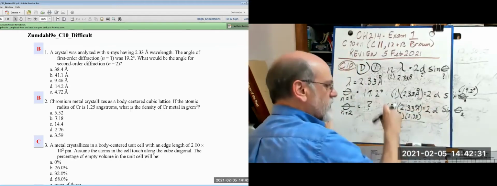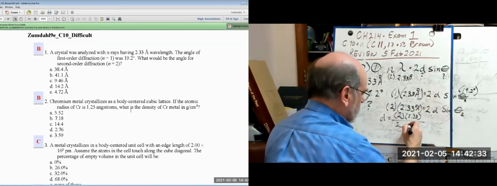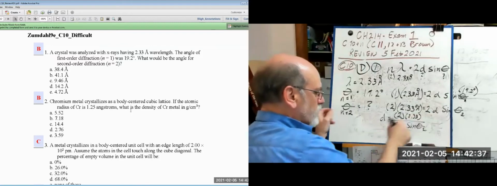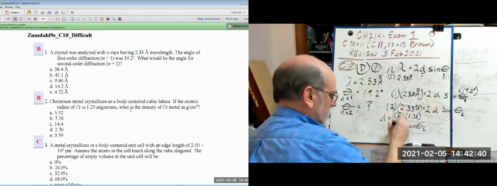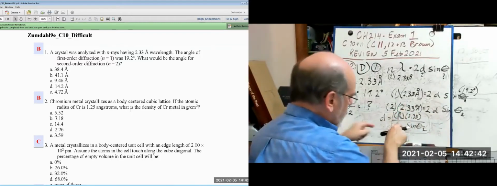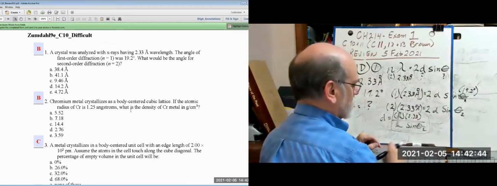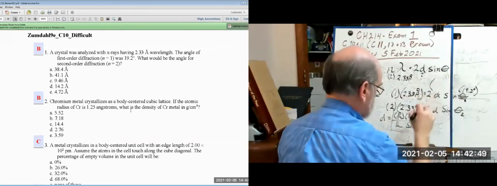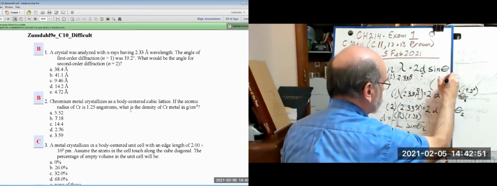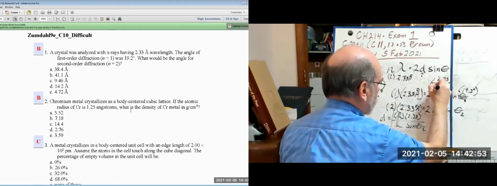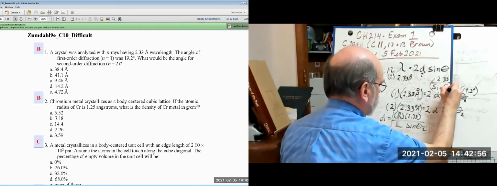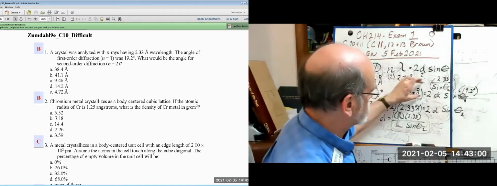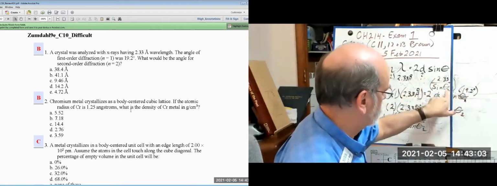All right, bring that 2 over here and bring that sine theta over here. Then we take this whole thing, that's gone, 2 divided by 2, and put this one in here. So now this one becomes 2.33 divided by sine theta 2. Okay, now we have an equation in one unknown.